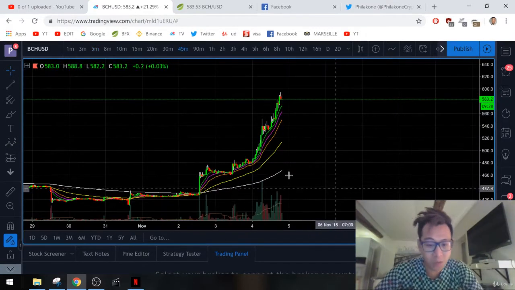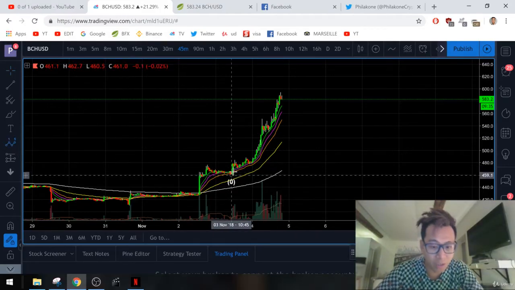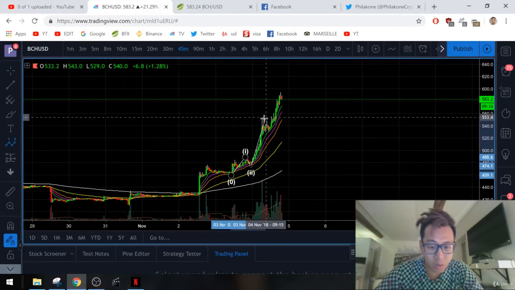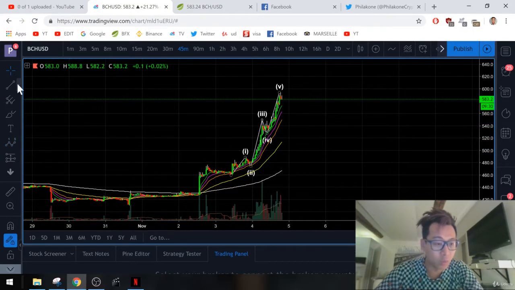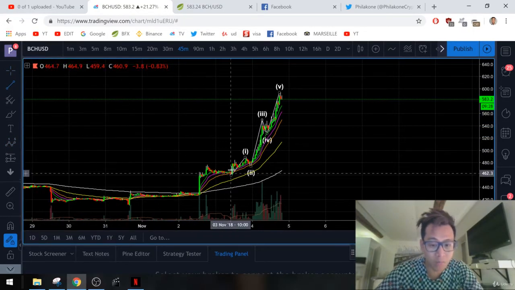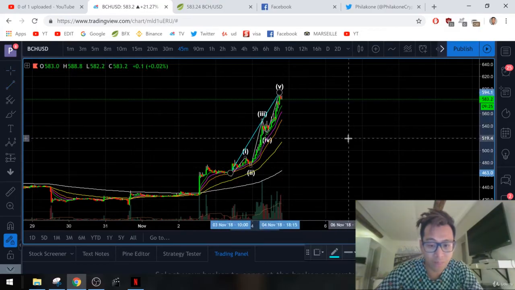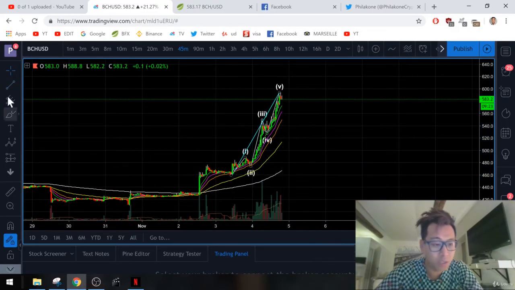So this is the region that we're counting, okay? Just to be very clear, 1, 2, 3, 4, and 5, which makes the third subwave altogether right there, all right? That's the region we're counting.